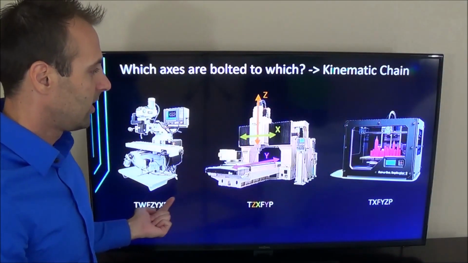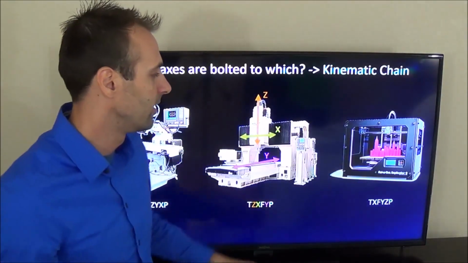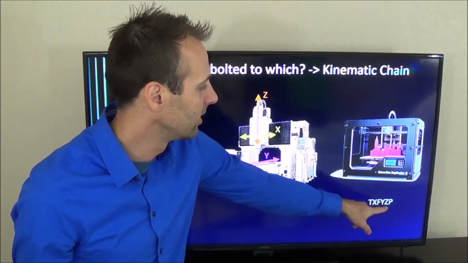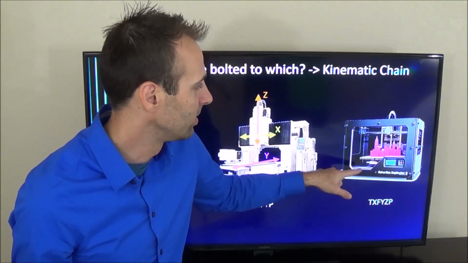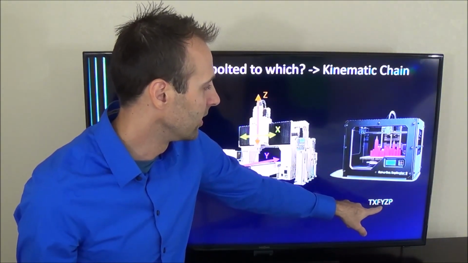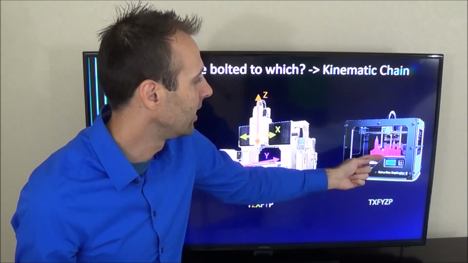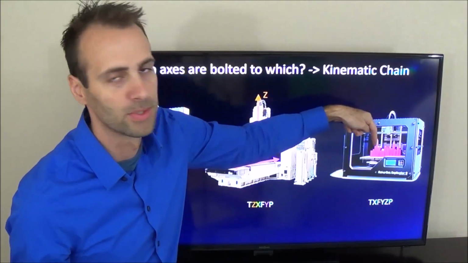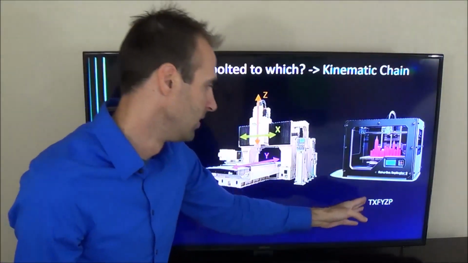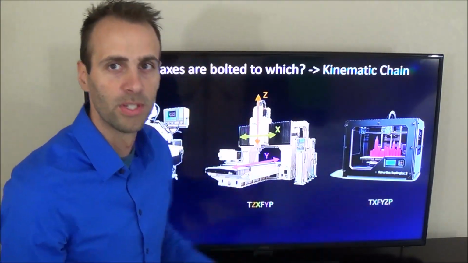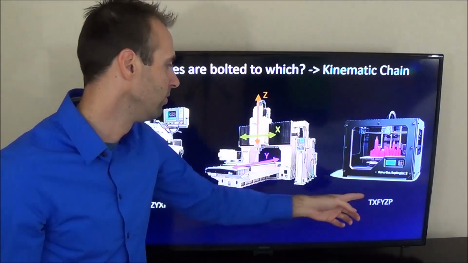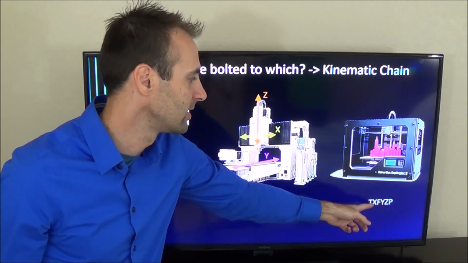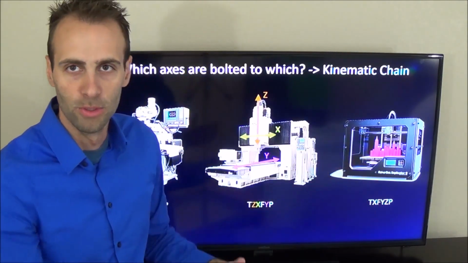So again, on this 3D printer, my part is bolted to the Z-axis, and the whole thing goes up and down, which is bolted to a Y, and then it's in the frame, and my X-axis is in the frame, and the tool's on the X-axis. So it just defines what's bolted to what and in what order. If I move the Z-axis, the only thing that moves is the part. But if I move the X-axis, then the tool moves too.